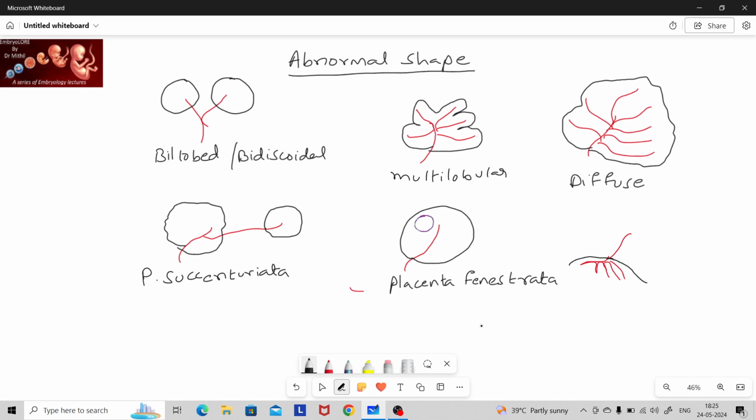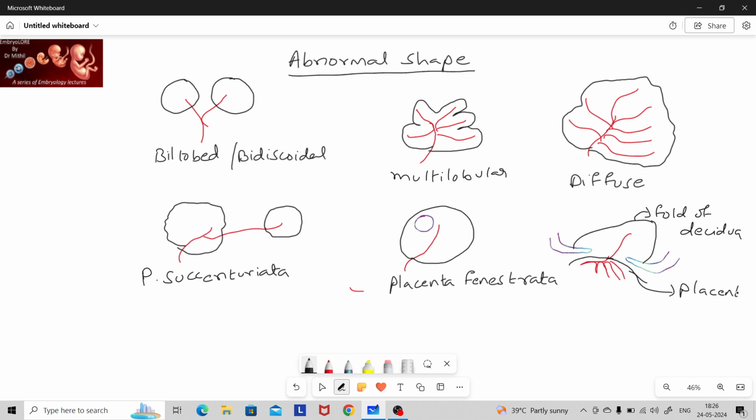Now with a different color, I will show that there is the circular fold of the decidua, so the peripheral edge of the placenta is covered by the fold of the decidua. And here this is the placenta.